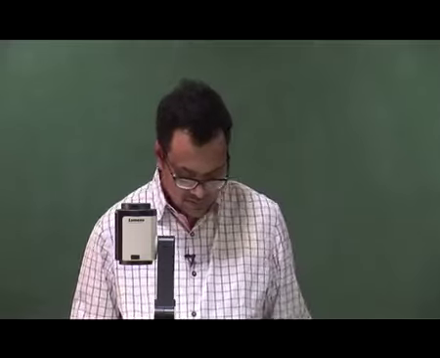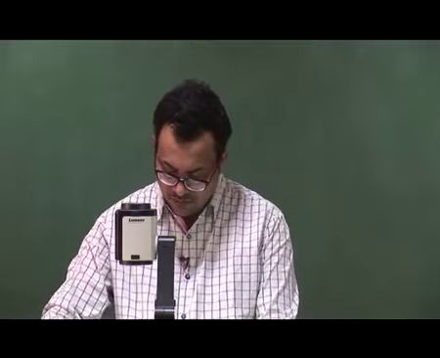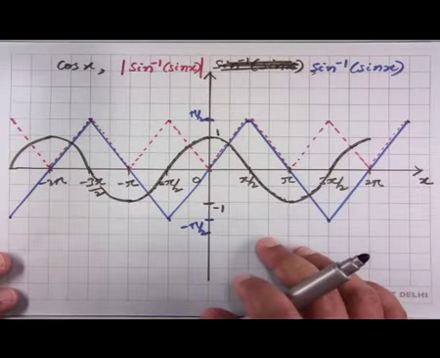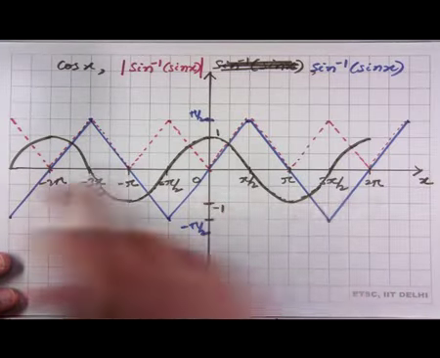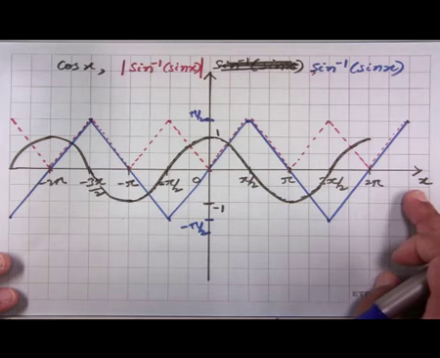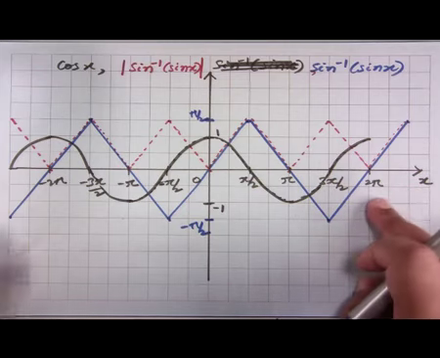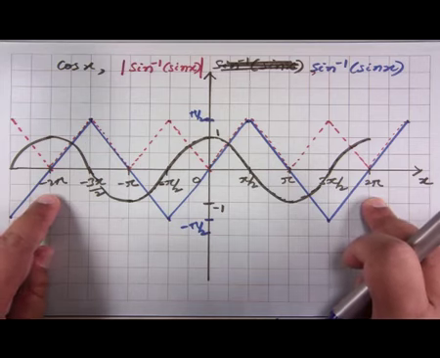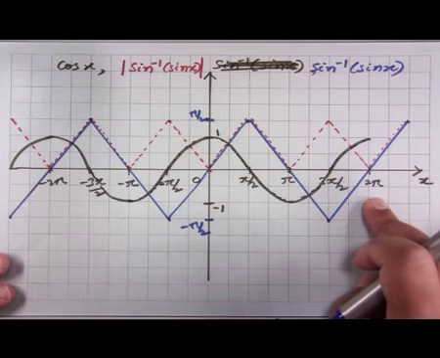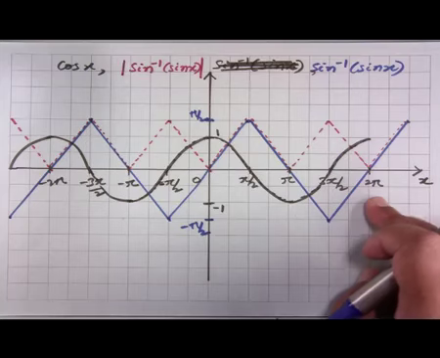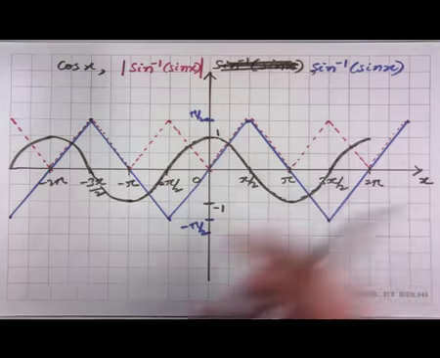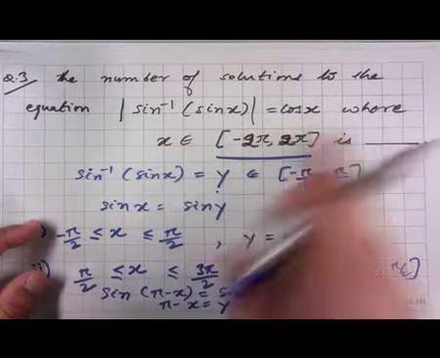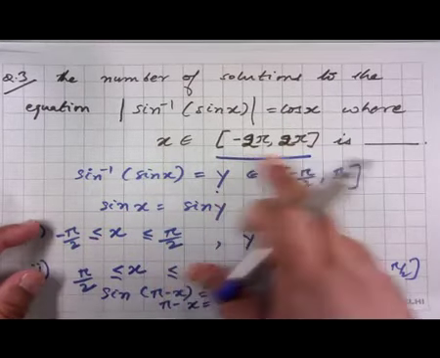So here we have 3 different curves in the same plot. The horizontal axis is representing x, and we have to limit ourselves to the interval minus 2 pi to plus 2 pi, and that is because it was asked in the question how many solutions there are to this equation for x restricted to this interval.